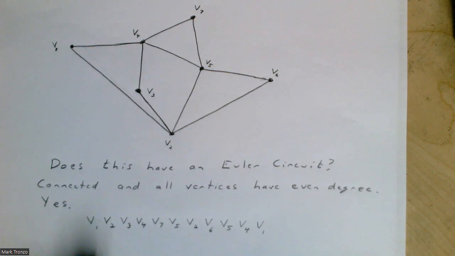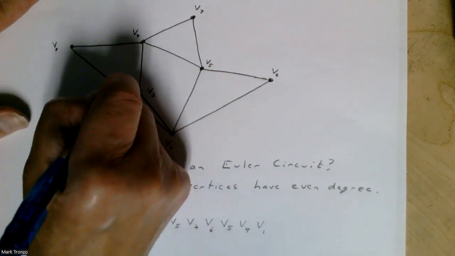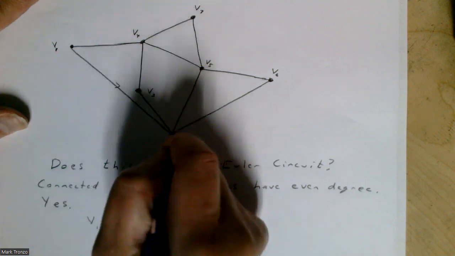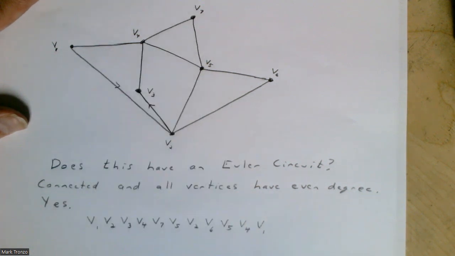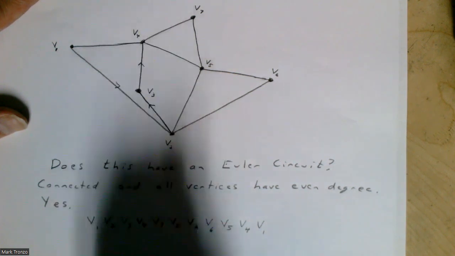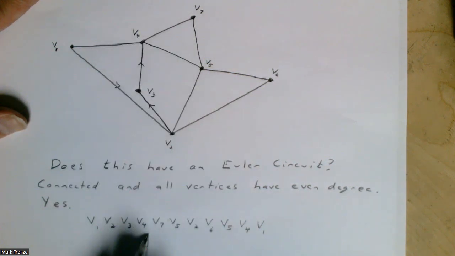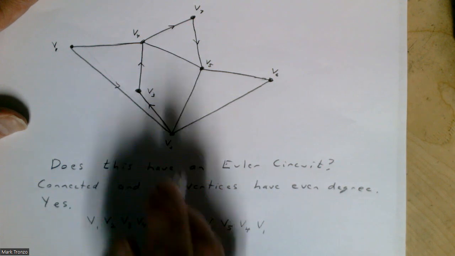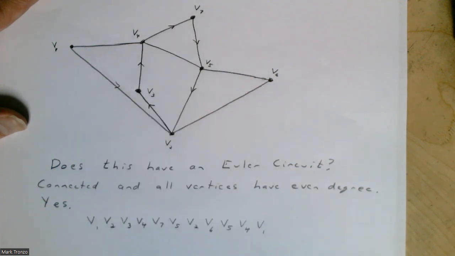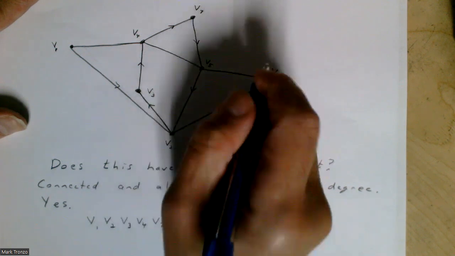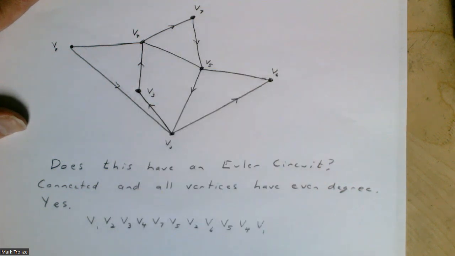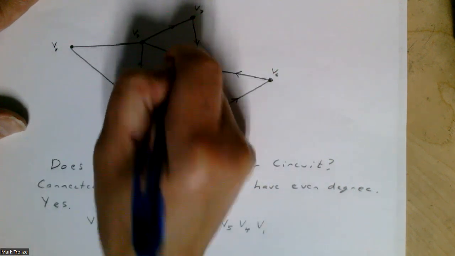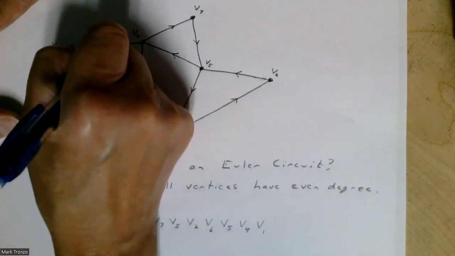Let's just see again what we did here. V1 to V2, V2 to V3, V3 to V4, V4 to V7, V7 to V5, V5 to V2, V2 to V6, V6 to V5, V5 to V4, and V4 back to V1.